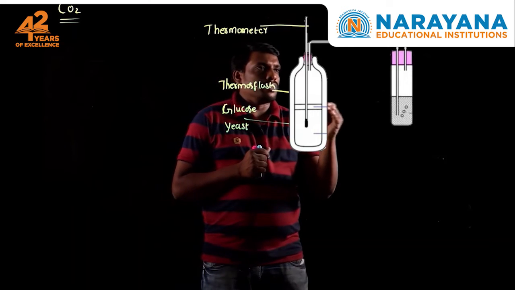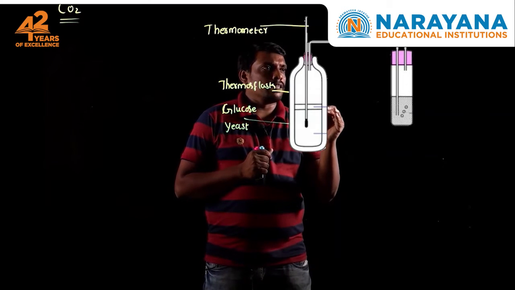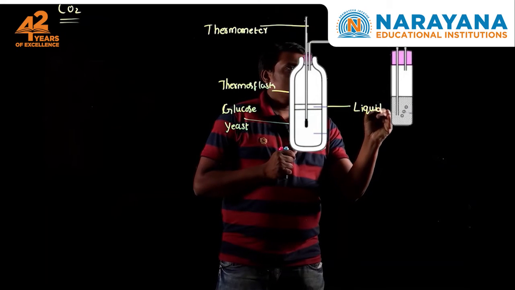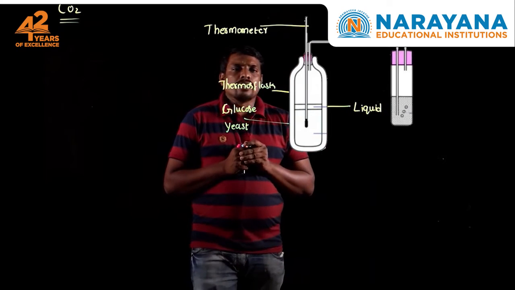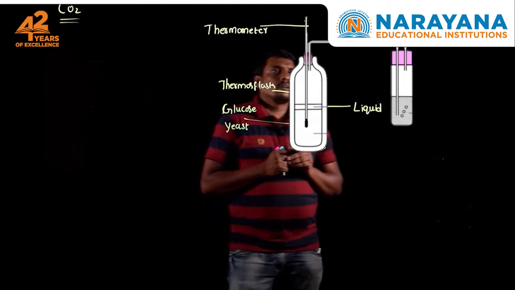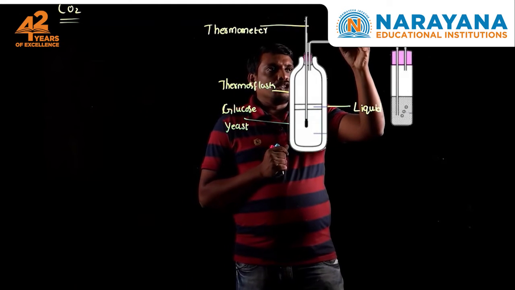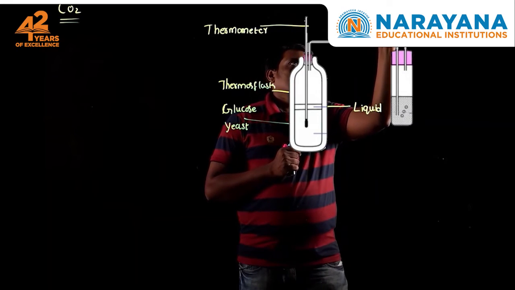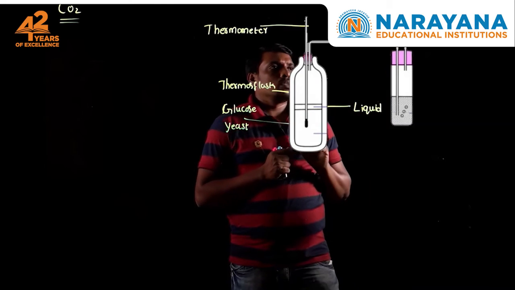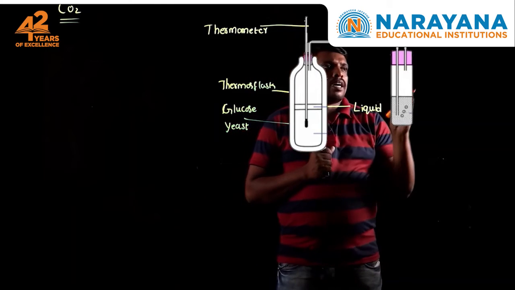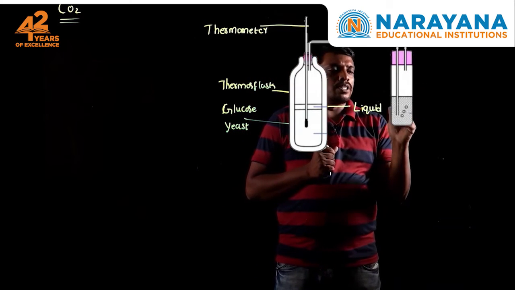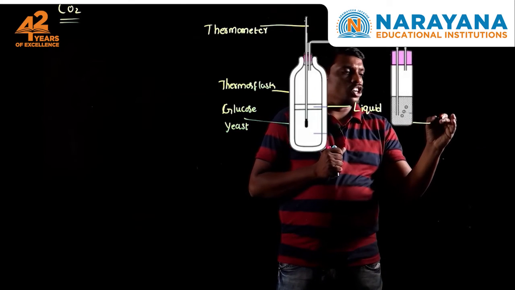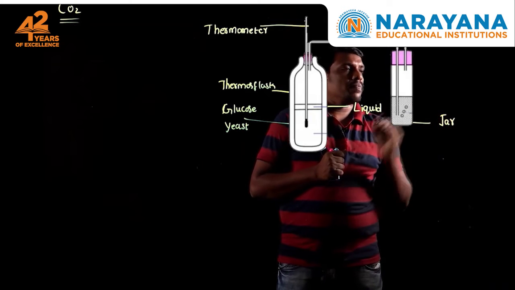Take the liquid paraffin solution, as you can see in the diagram, in the thermos flask. Take a collecting tube, this is called a collecting tube, and the collecting tube needs to open into another jar.